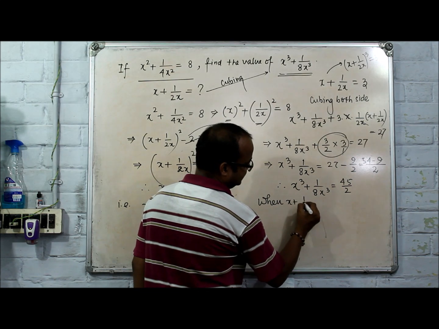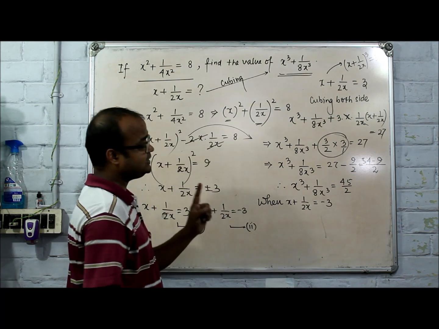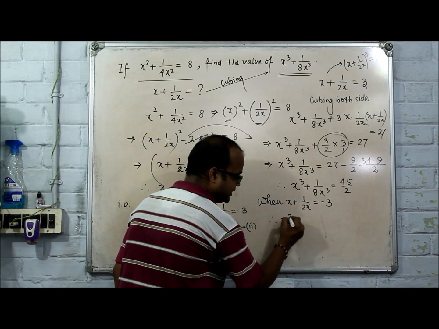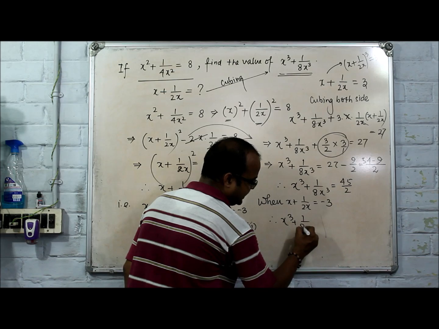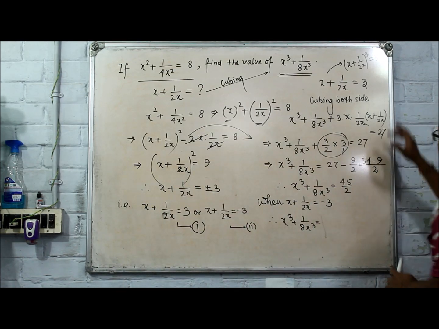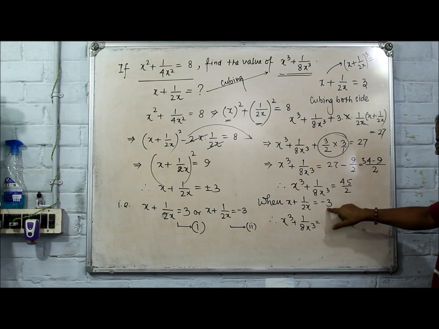Now, next part, if you take x plus 1 by 2x is equal to minus 3. Now see, this part calculation will not be difficult. Directly you can write x cube plus 1 by 8x cube. Now we are substituting minus 3.